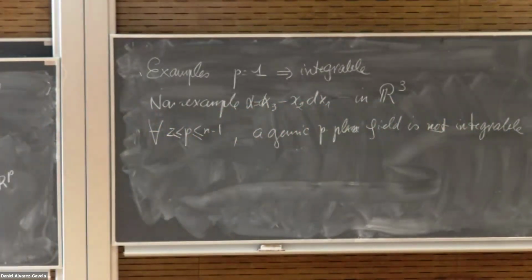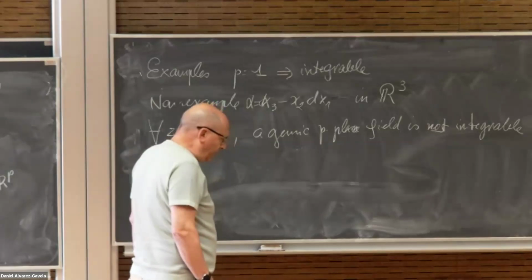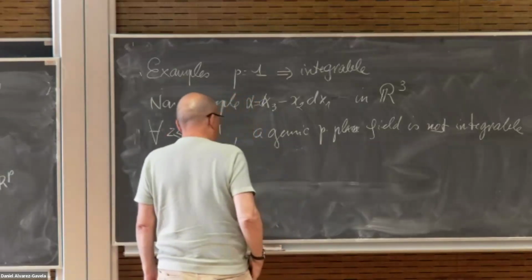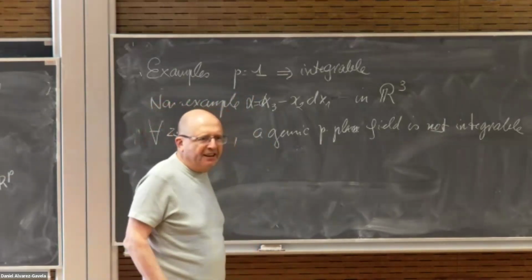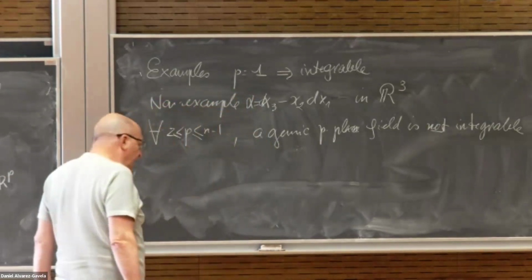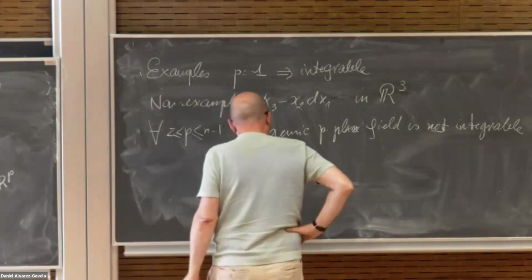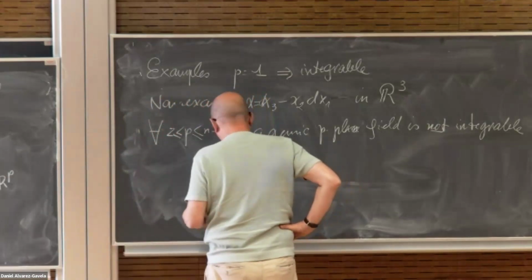So the question of the existence of foliations took very early the following form. Reeb said this in 1948. He asked the fundamental question.